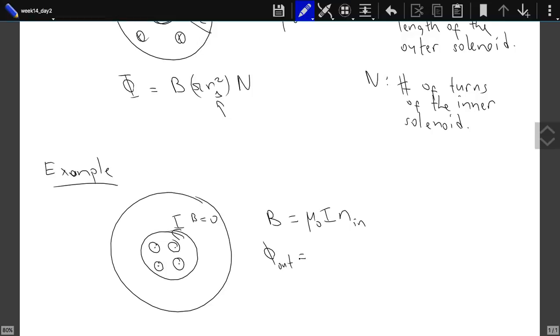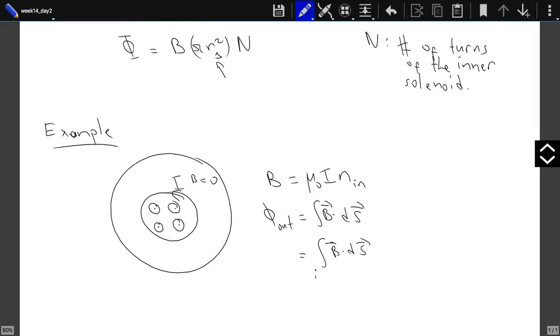So what is the flux created on the outer solenoid? Flux is B dot ds. I can split it into two: B dot ds in the inner solenoid plus B dot ds in between the solenoids. But in between the solenoids, there is no magnetic field.